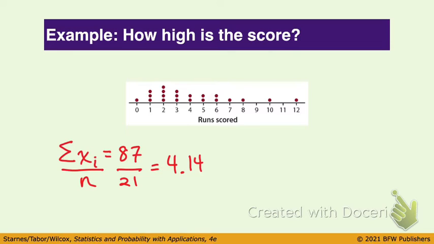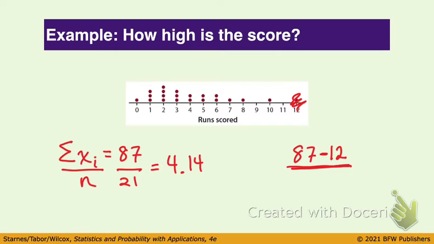Now we're going to re-average it, but we're going to re-average it without the 12. Now, does that mean you have to re-add up all the numbers? Not necessarily. What would be a faster way with the fact that you know the sum of all the numbers? There we go. So, if I take the 87 and I subtract the 12 out of it, then what would I divide by?